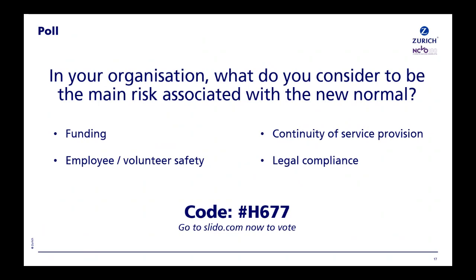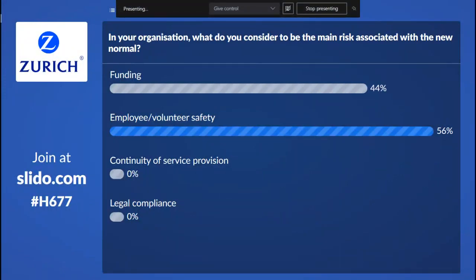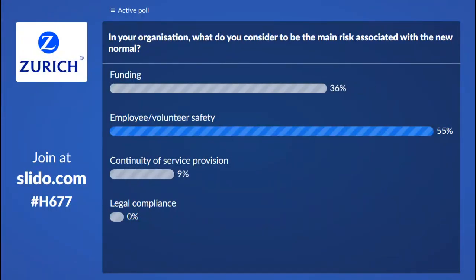So again, let's take a few moments to review the votes coming in, and I won't jump in too early this time. I'm wondering if you're finding the results through the poll surprising or as expected.